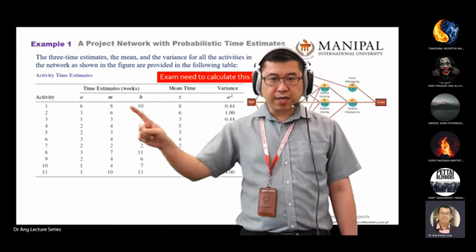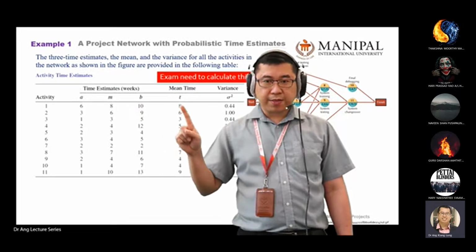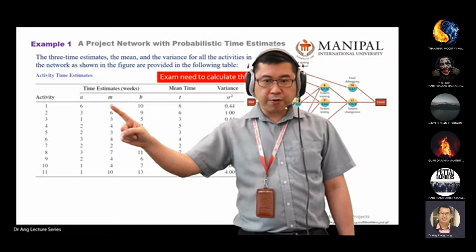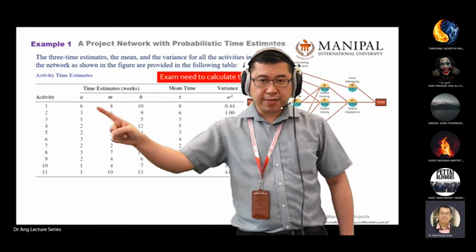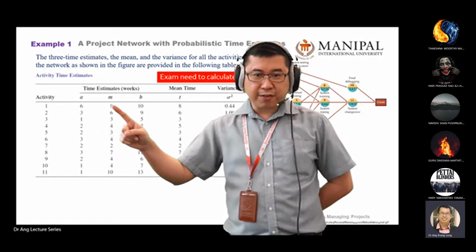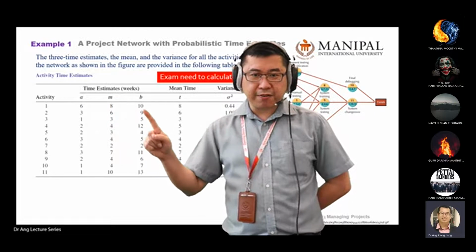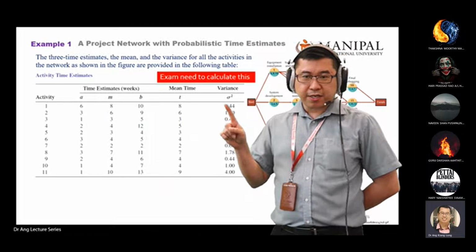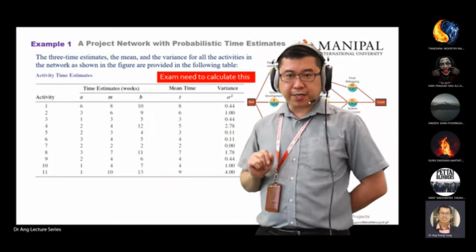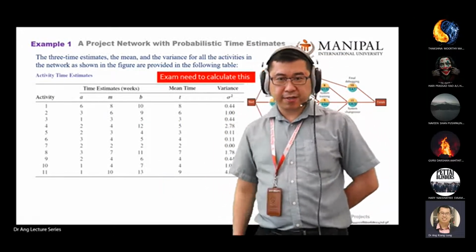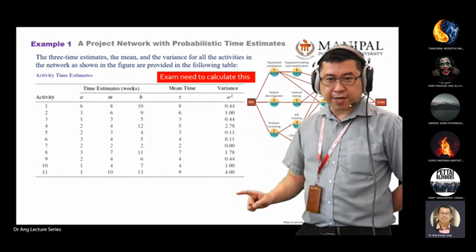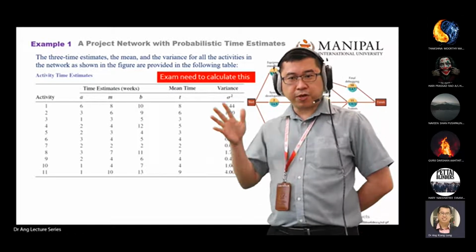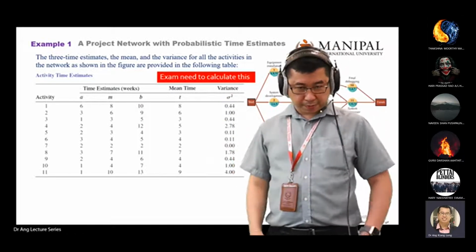You key in the numbers here. 6 plus 4 times 6 plus 10 divided by 6, you get 8. This one is (b minus a) divided by 6, squared. You get this one. You calculate for the rest. This is your homework. Go and verify these numbers in my slides.